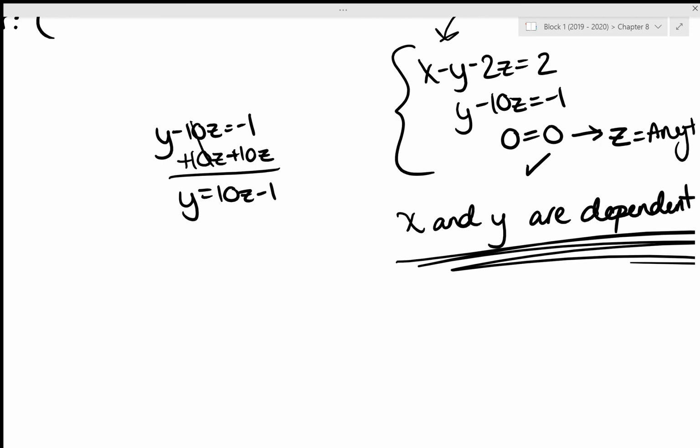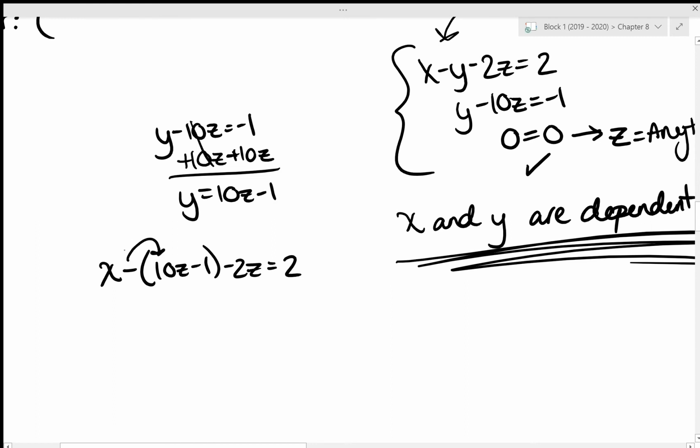Now, usually we use this kind of idea when it came to substitution, right? So I'm now going to find x. Wherever I see a y, I'm going to put that 10z minus 1, and then minus 2z equals 2. So I've got to distribute the negative.